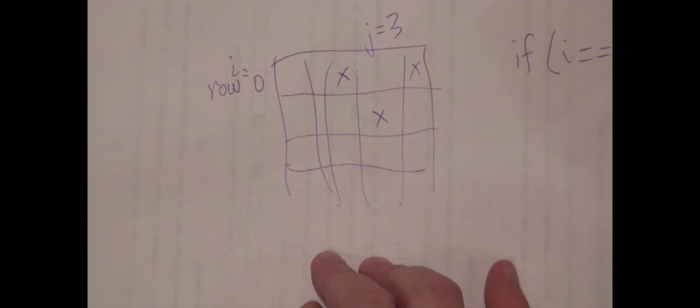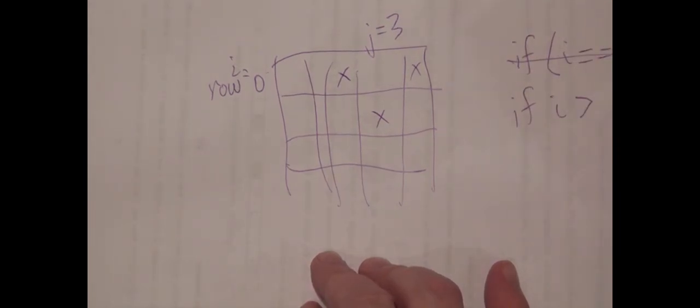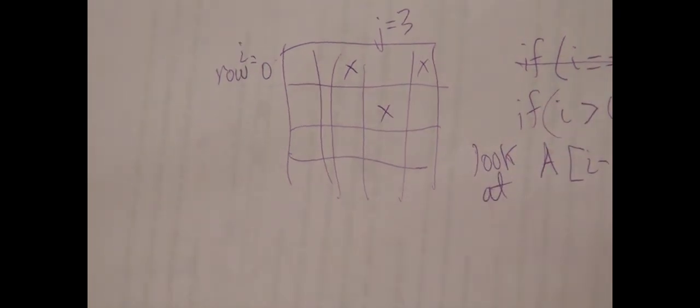So we have to be careful about that. Perhaps we'll say if I is greater than 0, then we would be interested in that position I minus 1, J, so we would look at that array position. And it's the same for the other sides. So that gives you an idea of some of the main parts of doing assignment number 1 for Computer Science 115 in the 2019-10 term.